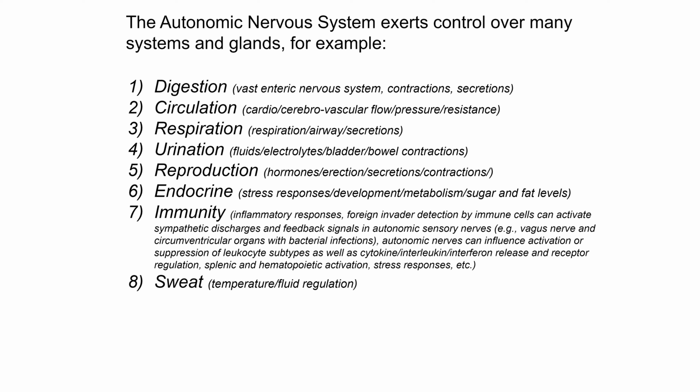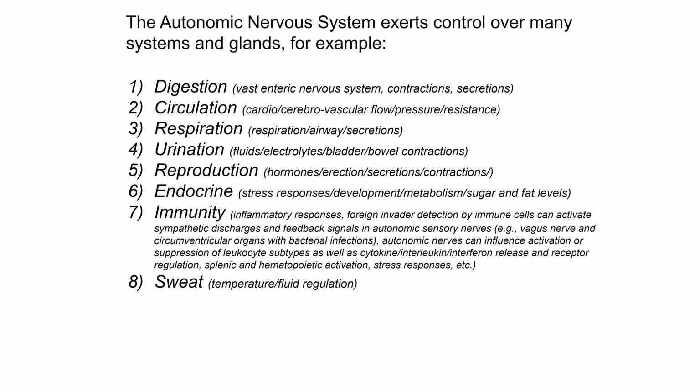We have circulation, where we have cerebral blood flow and pressure and resistance, all auto-regulated and influenced by the autonomic nervous system, both for the body and especially the heart and the brain. And then respiration. Obviously, we can exert some conscious control over this, as we probably can with most things.